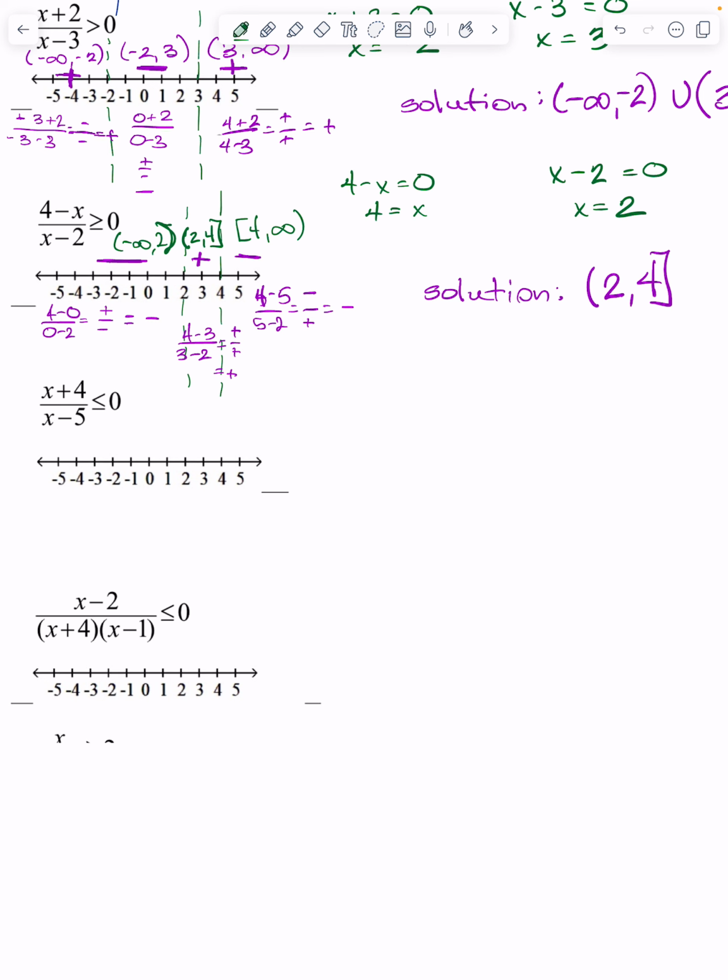Again, I got a less than or equal to 0 here, so I got x plus 4. X equals negative 4. I am going to be able to include that negative 4 though. I get x minus 5. X equals 5. That's my asymptote, so I cannot include that. Again, just as a reminder, cannot include the 5.